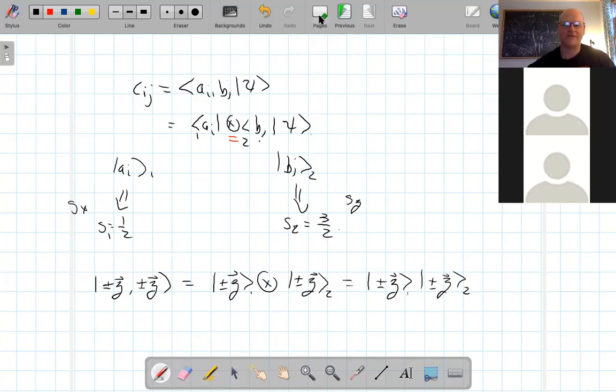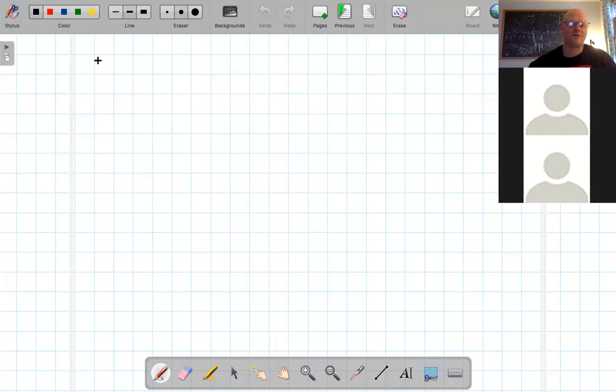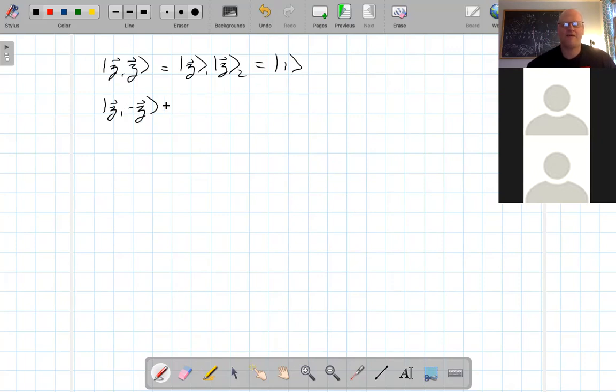Another thing we're going to do is define a few new states. So when I write ZZ, which actually means Z1, Z2, let's for now just call that the one state. Okay. And then Z minus Z, which is actually equal to Z for particle 1, minus Z for particle 2, I'm just going to call that the two state.